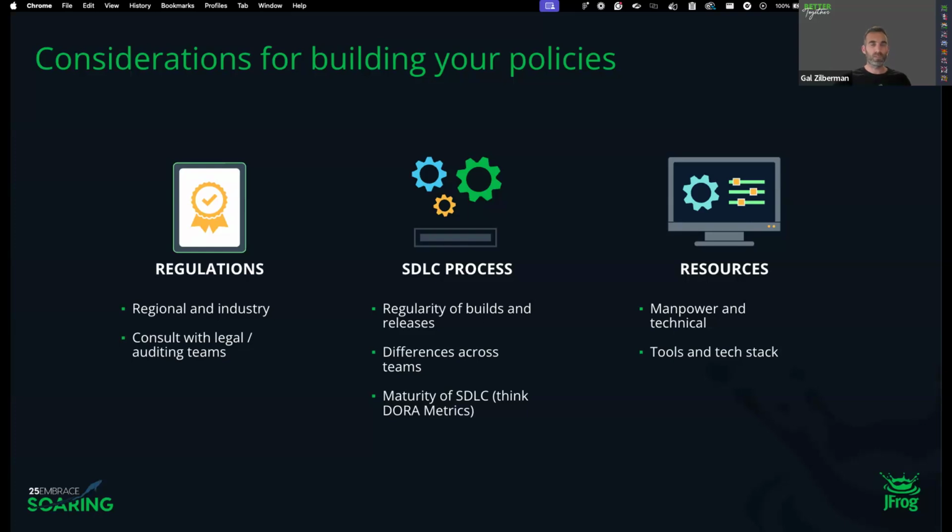For your SDLC process, you must consider things like the frequency of incremental builds and how long it takes for a build to move across the SDLC until it becomes production ready. And of course, it may vary across teams.